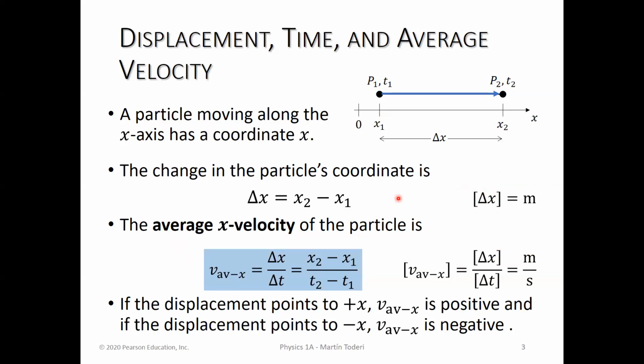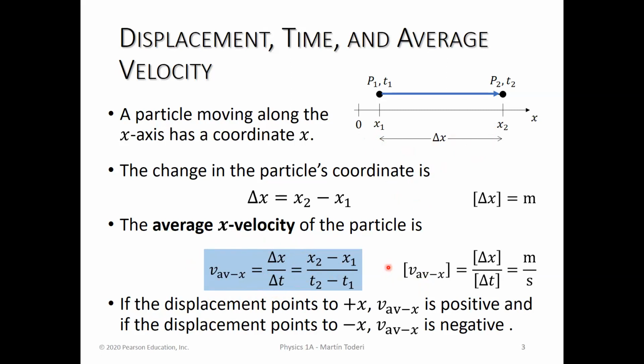So the most intuitive way to calculate it is dividing the displacement by the span of time that it took the particle to go from the first point to the second point, right? So we are defining the average velocity as the displacement over the time.